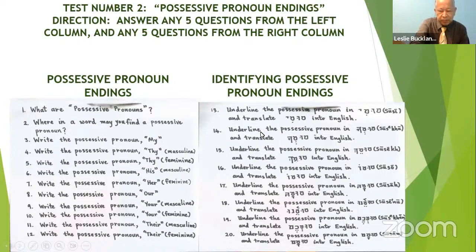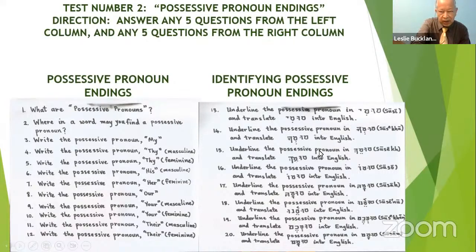Number 14, underline the possessive pronoun in Susika. So you underline this, the simple shua, the kaf, which is written like this at the end of a word, and the kamets that is written in the kaf, eka. And then translate the whole word, Susika, into English: thy horse. That's masculine.